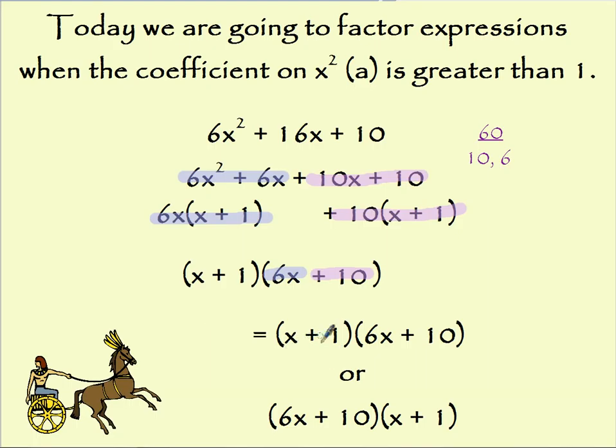So I can write my factors as x plus 1 times 6x plus 10, or I can write them as 6x plus 10 times x plus 1. Order doesn't really matter here as long as I have both factors. There is one more small step to this problem, but we're going to come back to it a little later in this video.